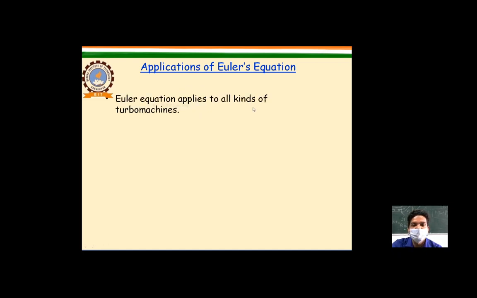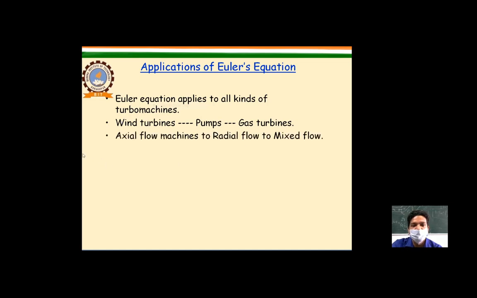Euler's equation applies to all types of turbo machines, such as wind turbines, pumps, gas turbines, etc. The sequence of application is axial flow, radial flow, mixed flow. When radial as well as axial both exist, these two flows are named as a single one, that is mixed flow.